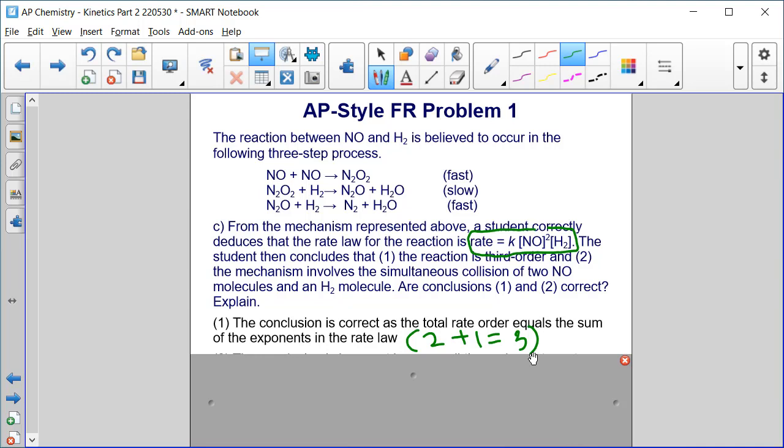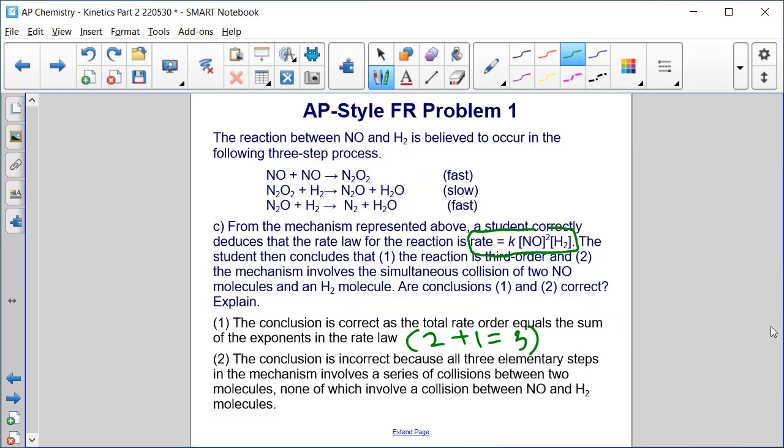And we don't have any step here where an H2 is reacting or colliding directly with an NO molecule. So the conclusion is incorrect because all 3 elementary steps in the mechanism involve a series of collisions between only 2 molecules, and none of them involve a collision between NO and H2.